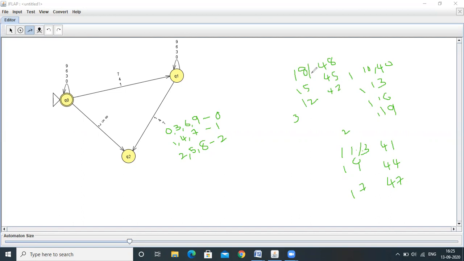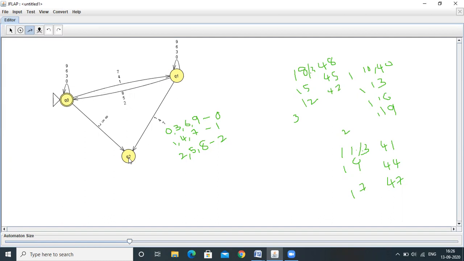All these numbers, if you perform modular division with 3, have remainder 0, so it will go to the Q0 state. Drawing transitions: Q1 on 8, Q1 on 5, Q1 on 2 will go to the Q0 state. Now we have defined all transitions on Q1.